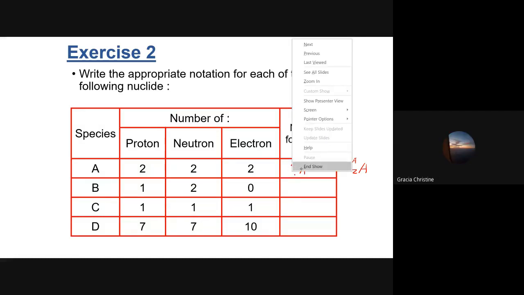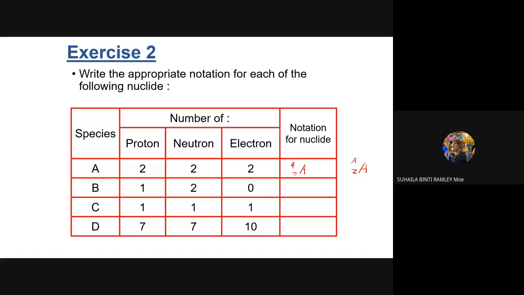So 4, 2. For B: 3, 1, and we have charge positive 1.